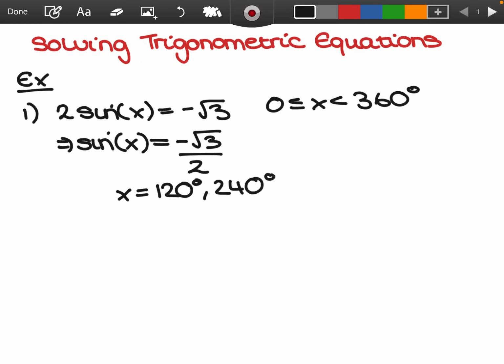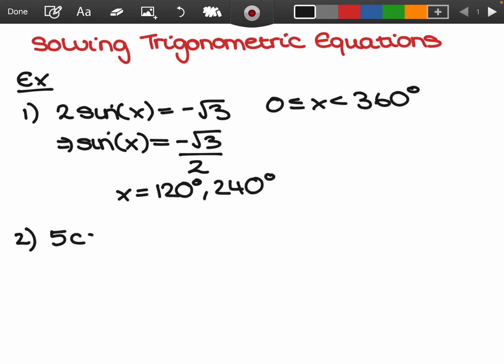So that tells me that for these angles, sine of those angles is going to have the value negative the square root of 3 over 2. So the y-coordinate of where the terminal side of that angle hits the unit circle, that y-coordinate is going to be negative the square root of 3 over 2 for these two angles.